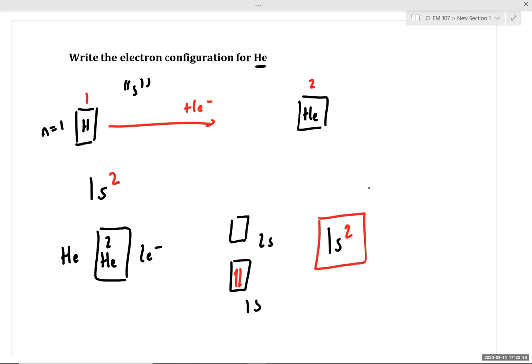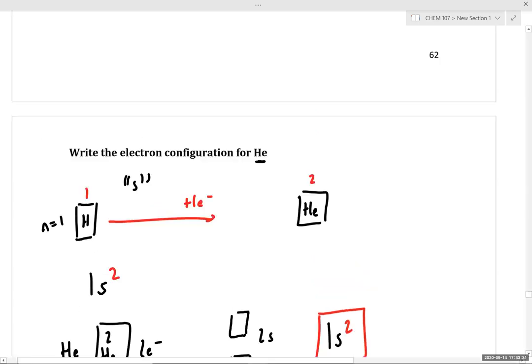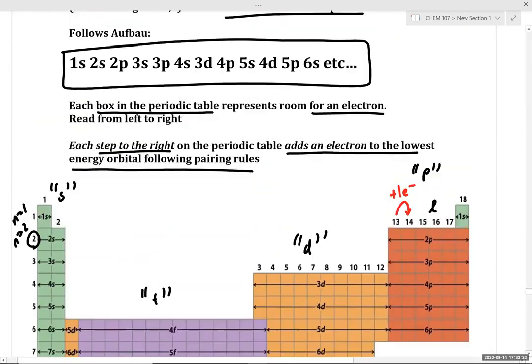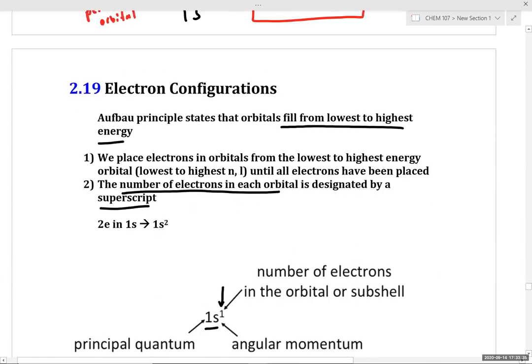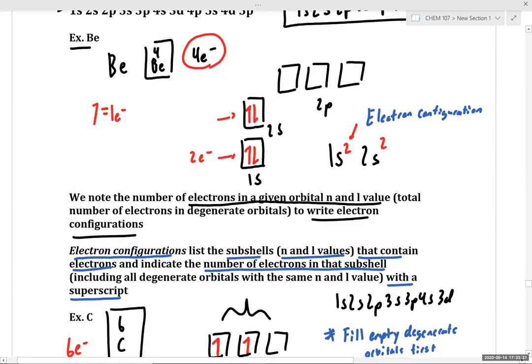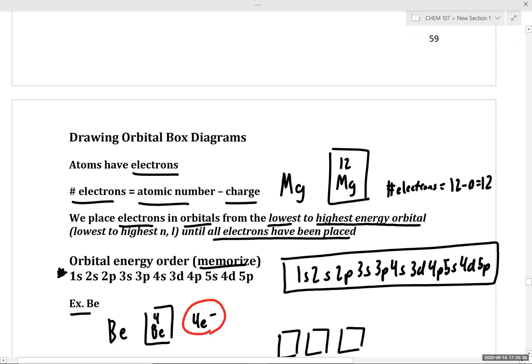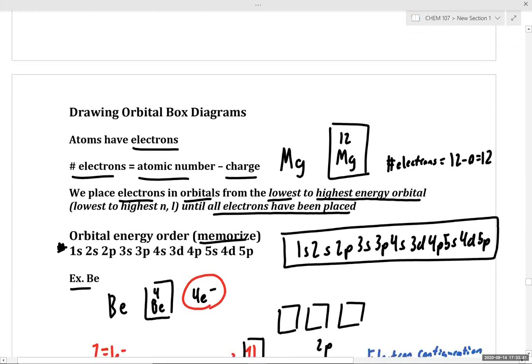Professor, I'm sorry, my computer froze. Can you go over page 60? You were talking about magnesium and then something about number of electrons and then 12 minus 12. Yeah, so the number of electrons is the atomic number minus the charge.